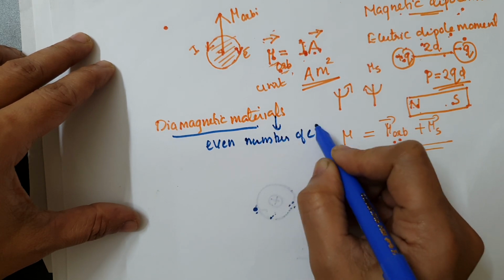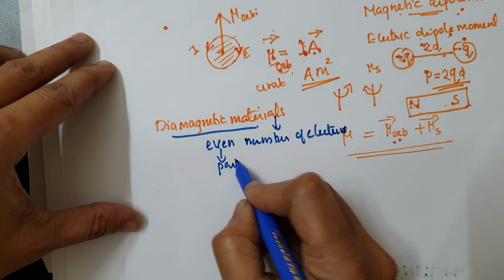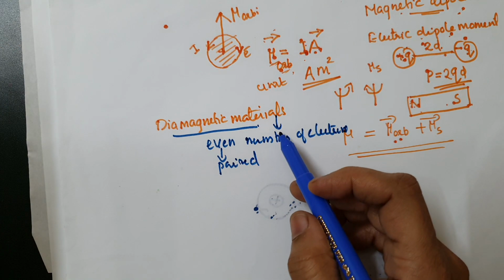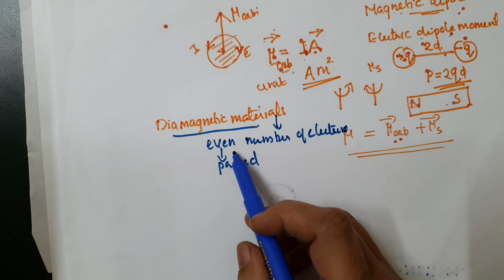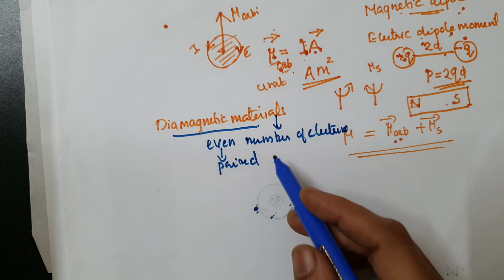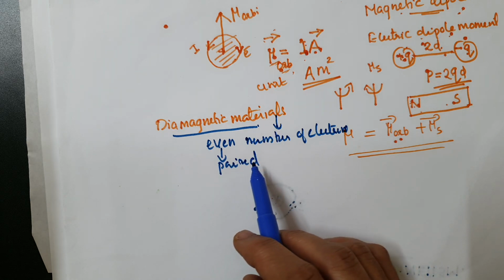An even number of electrons means the electrons are paired. So in diamagnetic materials, the electrons are paired.